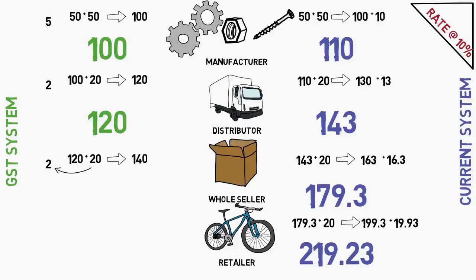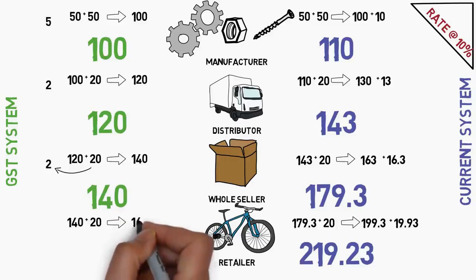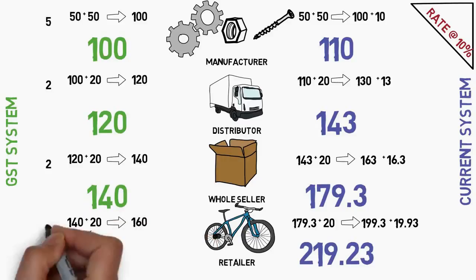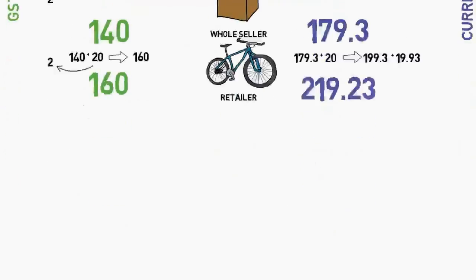The retailer buys the product for 140 rupees, adds profit of 20 rupees, pays taxes of 2 rupees on his profit of 20 rupees and raises the final consumer price to 160 rupees. So if the prices are compared, the product is 59.23 rupees cheaper in the GST system than the current system. Let's take GST in detail.